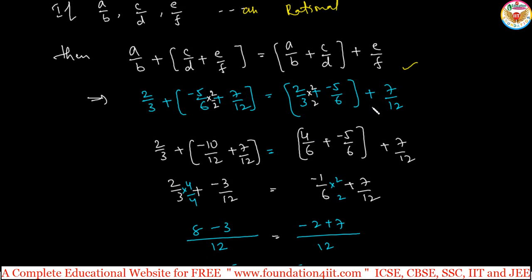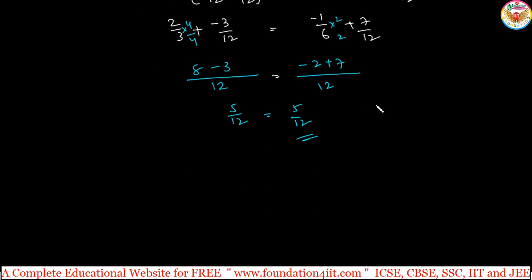So along with the closure property, commutative and associative, we'll see what the additive identity and additive inverse are in this case. So when you see the fourth and fifth, existence of additive identity of the rational numbers. If you add any number, for example minus 3 by 2 is a rational number, what number if you add to this, we are supposed to get the same.